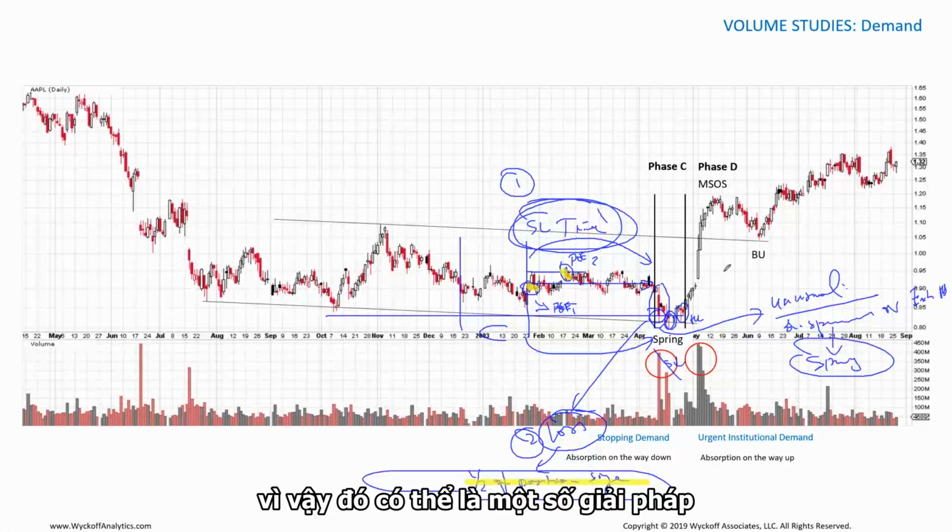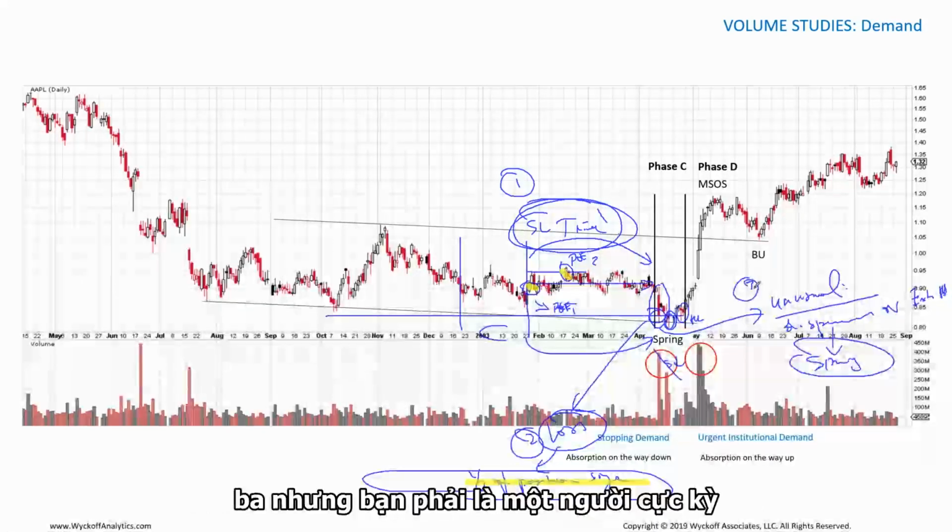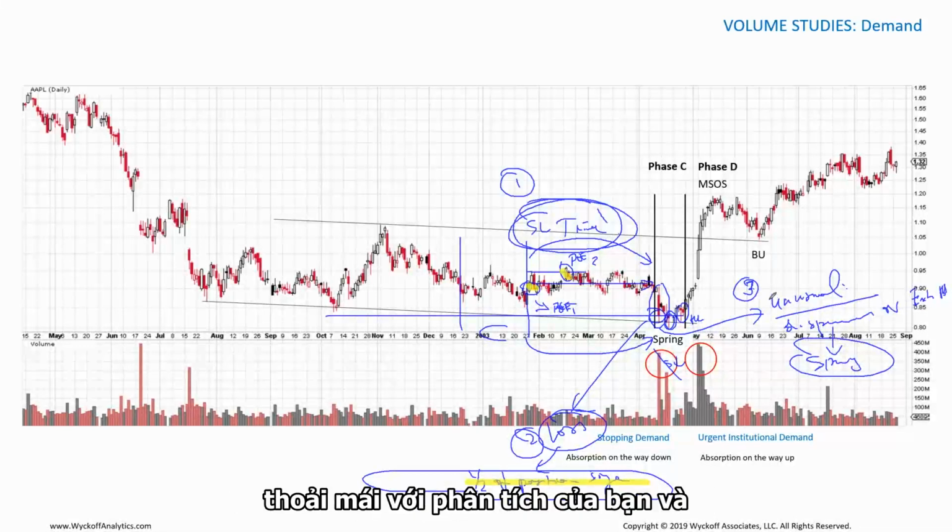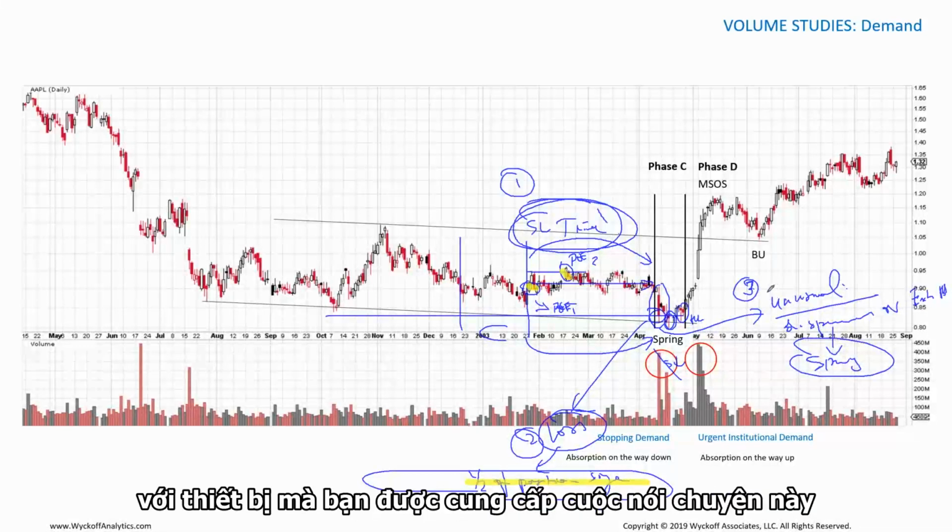So that could be a solution number 3, but you have to be extremely comfortable with your analysis and with the bias that you are giving this stock.